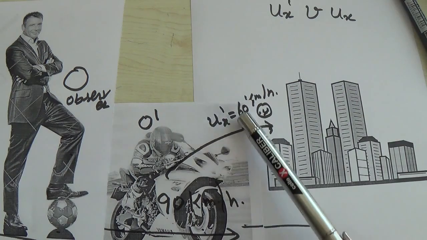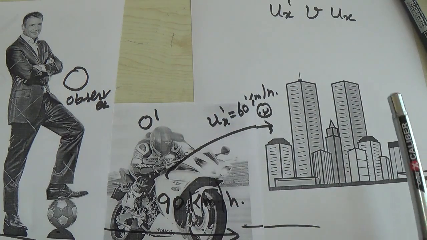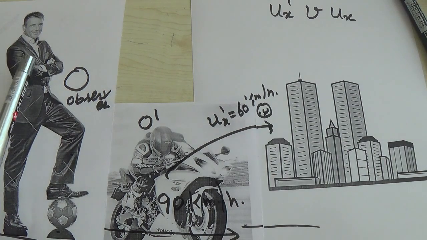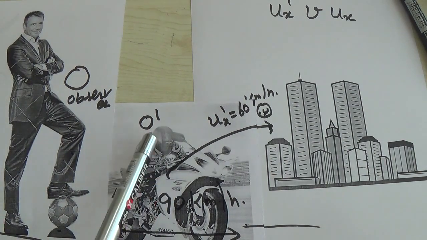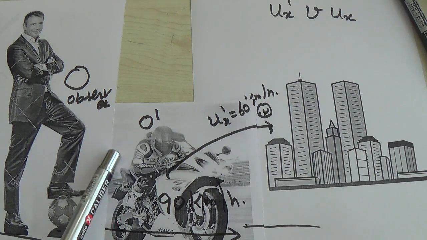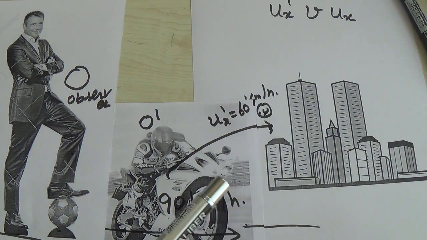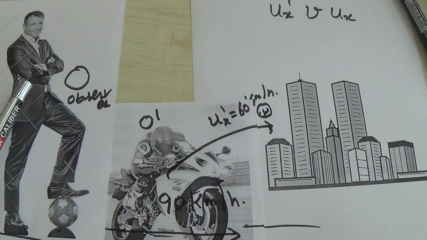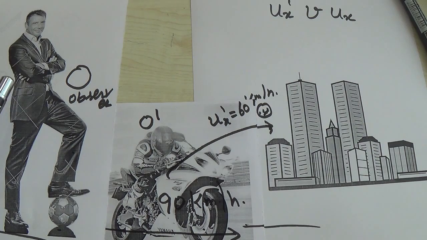Then ux prime will be negative. Similarly, if the O prime observer is moving along the positive x direction and throws the ball in the opposite direction, the speed will be minus ux prime, and that speed will be considered negative relative to the O observer.